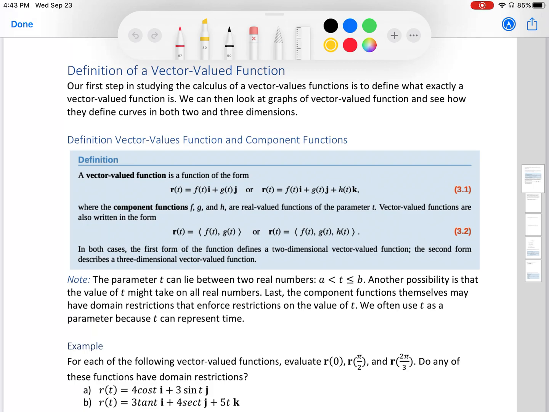Vector valued functions are also written in the form r of t equals f of t comma g of t, or r of t equals f of t comma g of t comma h of t. In both cases, the first form defines a two-dimensional vector valued function. The second form describes a three-dimensional vector valued function.